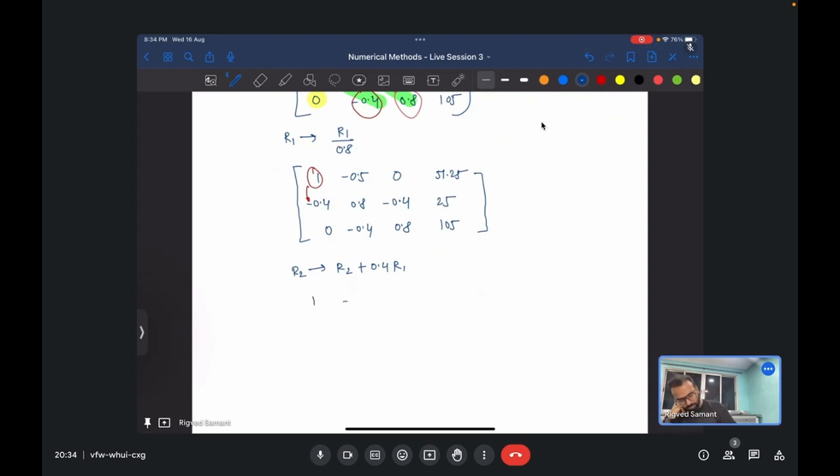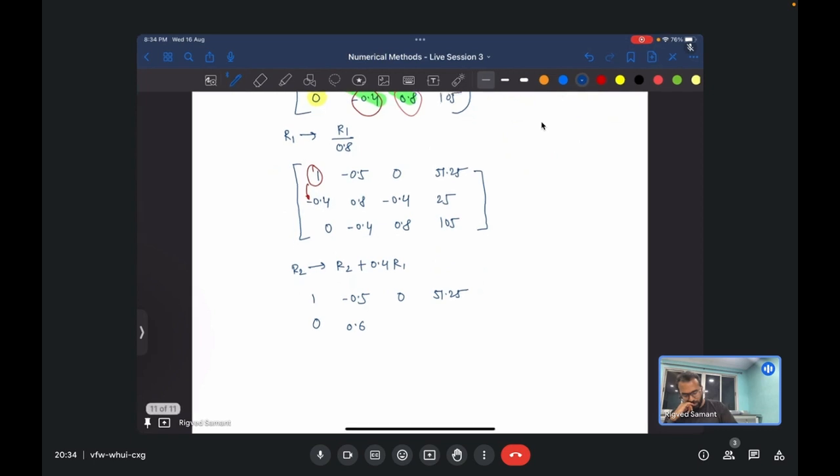So 0, this is 0.6, this will remain as it is, and 25 plus 0.4 into 51.25 is 45.5. R3 will remain the same.